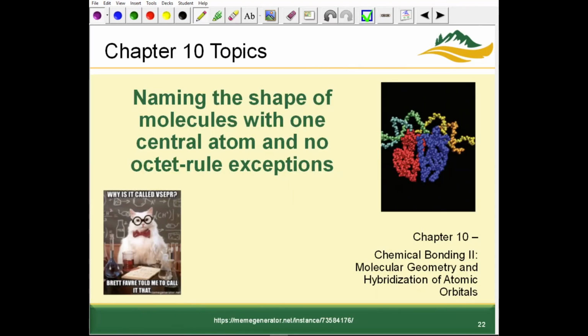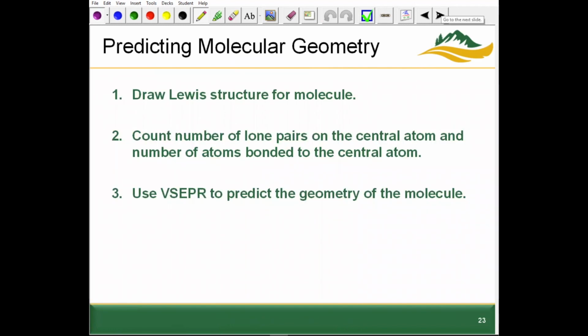Now let's go into this topic of naming the shape of molecules with 1 central atom and no octet rule exceptions. For predicting our molecular geometry, we know first and foremost we must draw the Lewis dot structure. From the Lewis dot structure only can we then count the number of lone pairs on the central atom and the number of atoms bonded to the central atom.